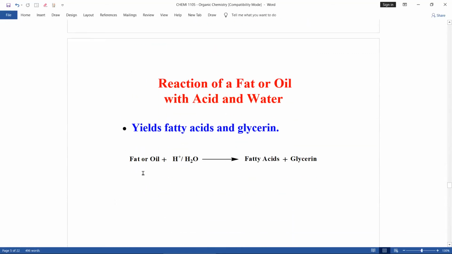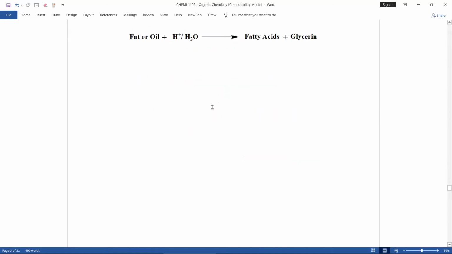I talked yesterday about how, when you eat the different food groups, fats and oils, carbohydrates, or proteins, in your stomach there's acid. H plus is the organic way of writing any acid. In your stomach, it's HCl, hydrochloric acid. If you've been drinking water, like my doctor always reminds me, how you should drink a lot of water during the day, there's water in your stomach, and those undergo a chemical reaction to break them down to other molecules that your body uses for various things.